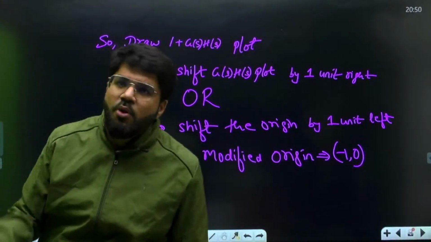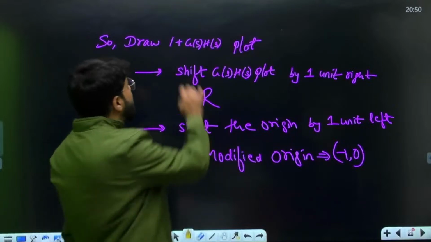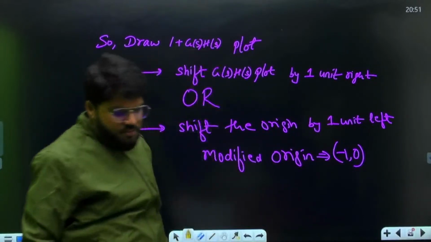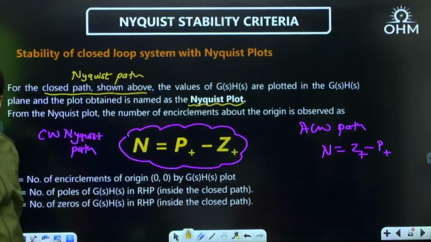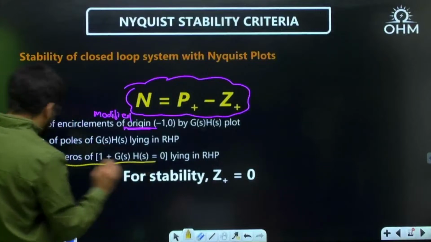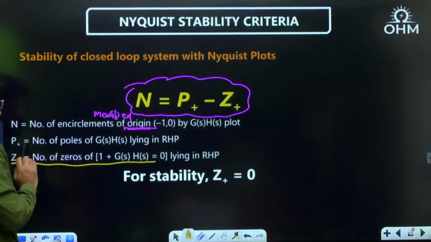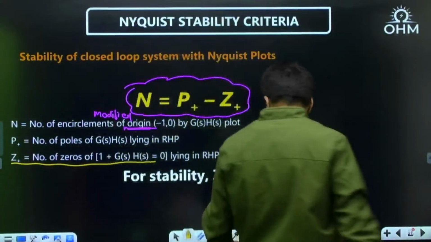So we will assume a modified origin minus 1, 0. Because we are talking in a way about the 1 plus G(s)H(s) plot, we should talk about the poles and zeros of 1 plus G(s)H(s). What is Z plus? Zeros of 1 plus G(s)H(s). What is the pole P plus? It is the poles of G(s)H(s) or poles of 1 plus G(s)H(s), which is the same.